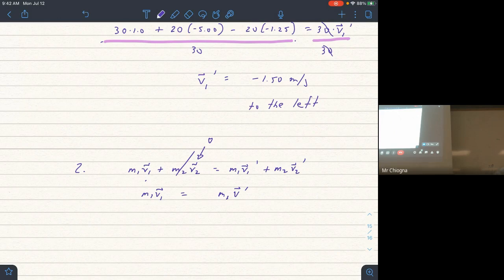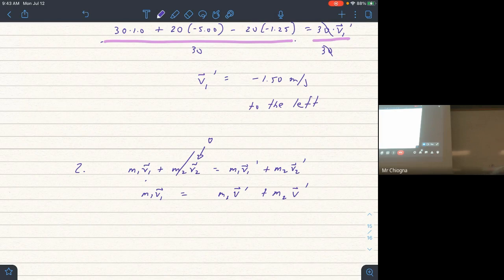That's the easiest thing. Call it V prime. Why did I do that? Because they're both moving with the same velocity, so I don't need a subscript to distinguish between the two. V prime means the final velocity of the two objects that are stuck together.